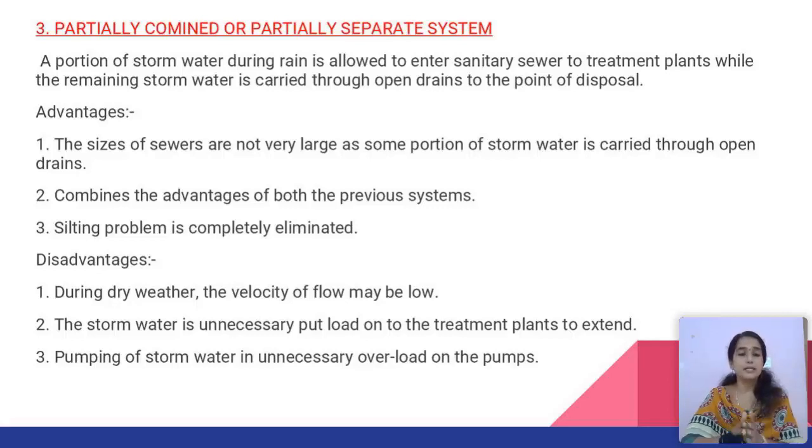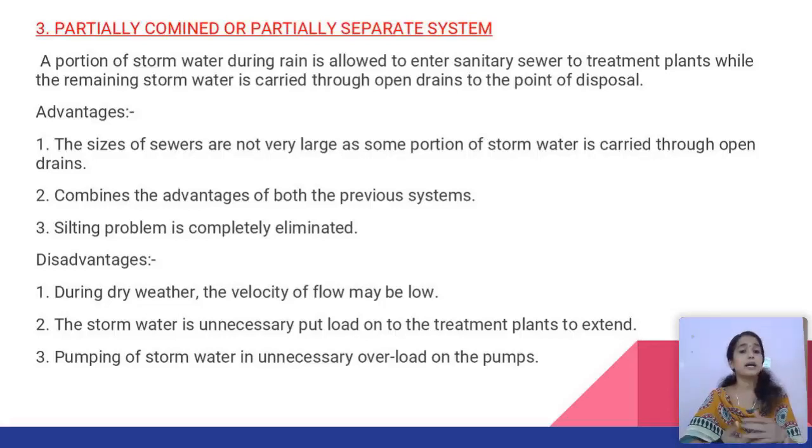Advantages are: the sizes of sewers are not very large, as some portion of the stormwater is carried through the open drains; it combines the advantages of both the previous systems, that is separate system and combined system. The silting problem is completely eliminated due to this combination of stormwater with the dry weather flow or polluted water.